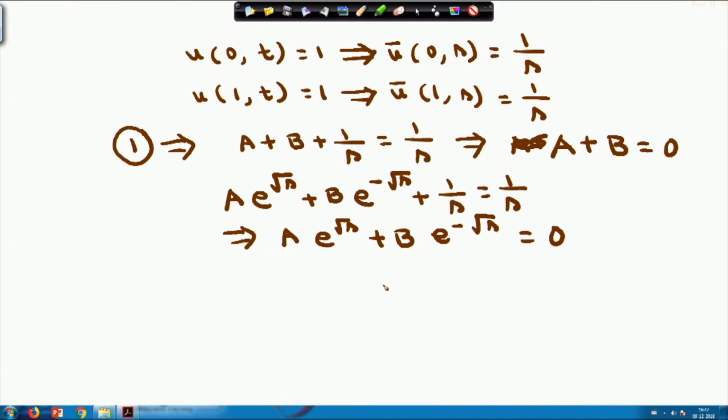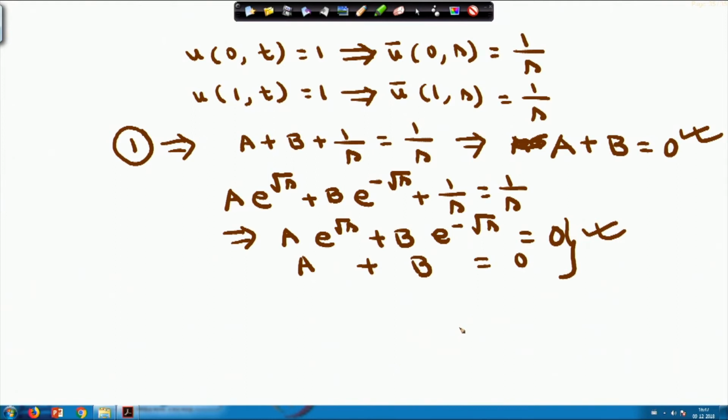So, you have now two equations, one is this equation, another one is this equation. From these two equations, I have to find out the value of a and b. So, effectively I have these two equations and I want to find out the solution of this.